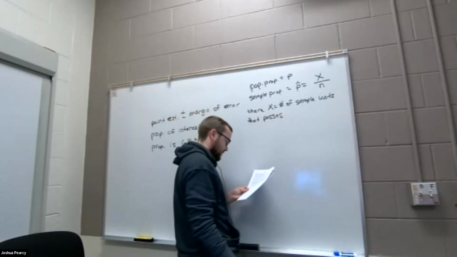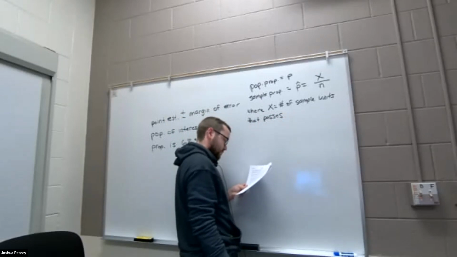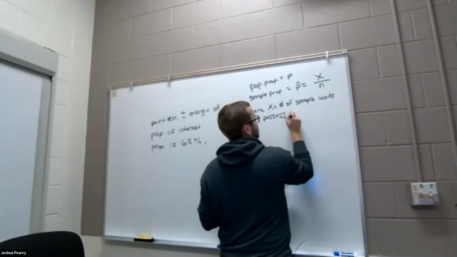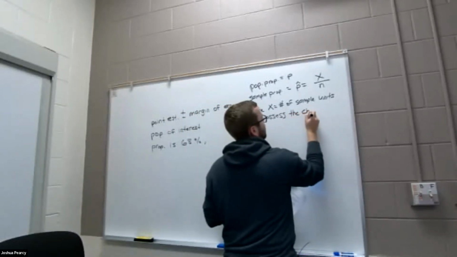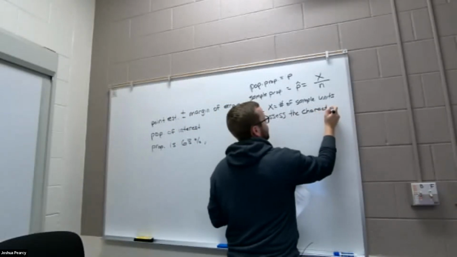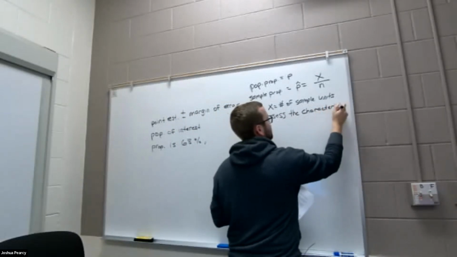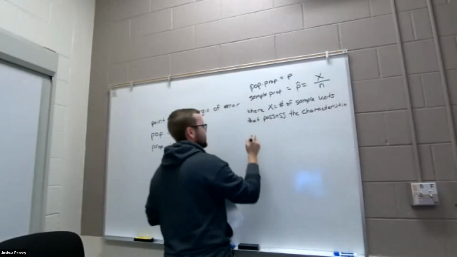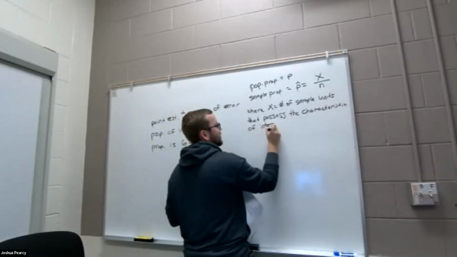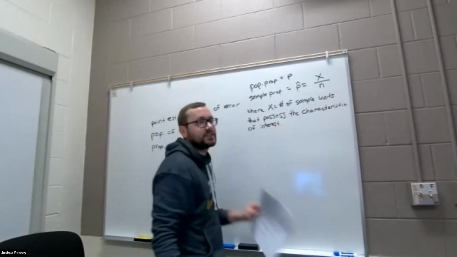Is that how you spell possess? No idea. Good enough. Characteristic of interest. So in this case, what is the characteristic of interest in that example we just talked about?